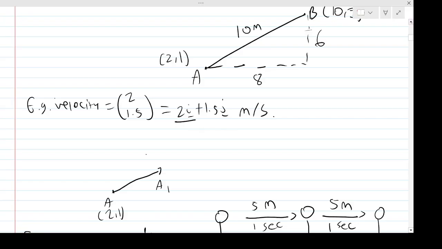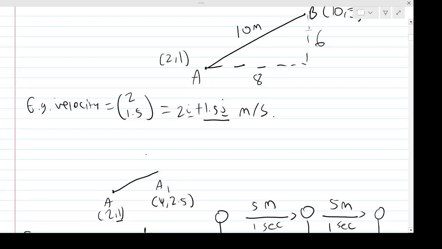So we're going to add 2 to my x point, because 2i is 2 lots of x. 2 is originally the x value, so I'm going to add another 2, and now I'll be 4 for x. Originally y is 1 at A, so now I'm going to move by 1.5, so now it'll be 2.5. After 1 second, I'm now at this point A1, this coordinate here.